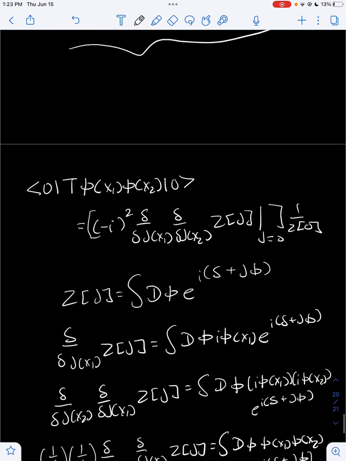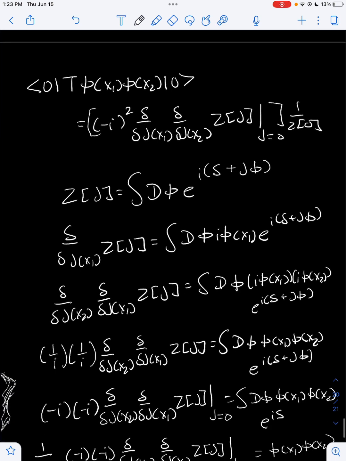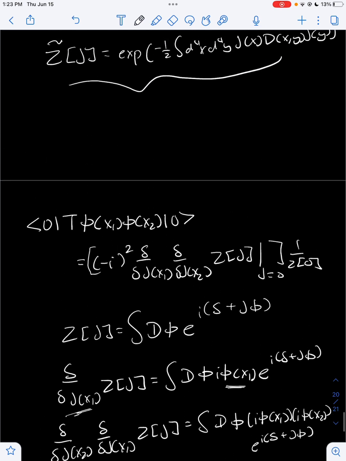And here I've written a brief justification of this formula over here. We start out with the generating functional, take the derivative with respect to J of x1, and this is going to give us phi of x1 times i. The reason is that J of x is a function, right? So we're taking the derivative of something with respect to a function.